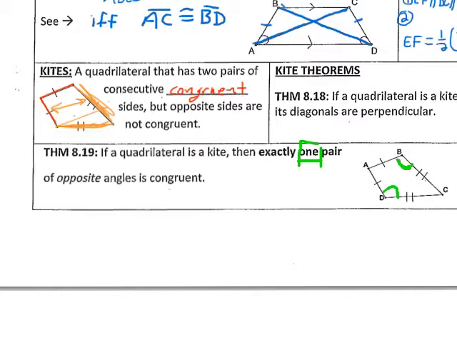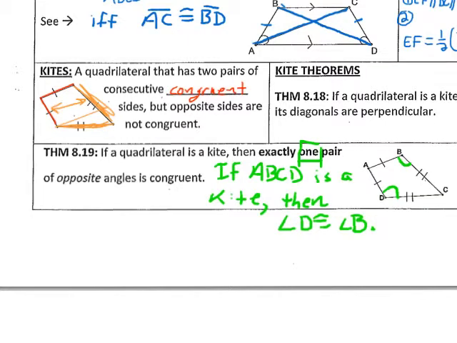Because it is a kite. So those things are congruent to each other. Just redraw that, sorry. Those angles are congruent. So we would write this. If ABCD is a kite, then angle D is congruent to angle B. Okay? So that's how we would write it.